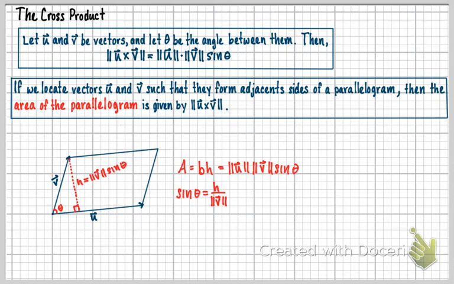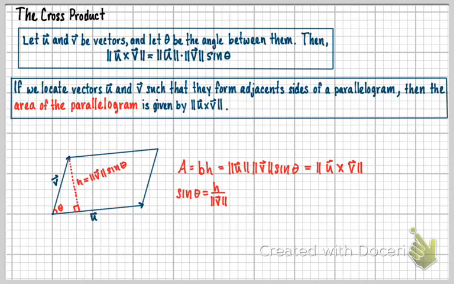Now, if I look back at my result for the magnitude of the cross product, the magnitude of u times the magnitude of v times sine of theta is actually equal to the magnitude of the cross product. So I can say that to find that area, it's simply the magnitude of u cross v. That's a nice result.